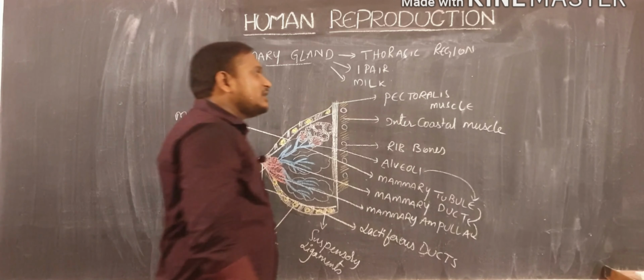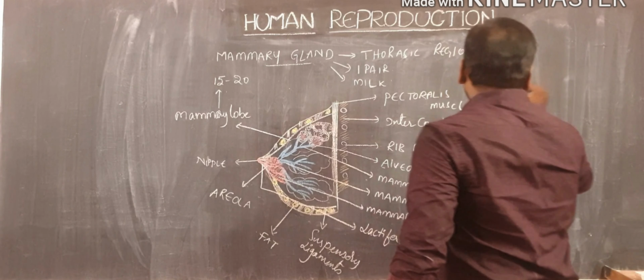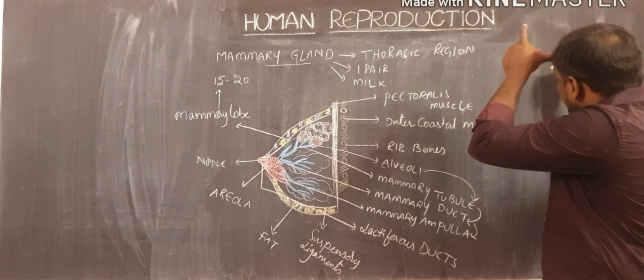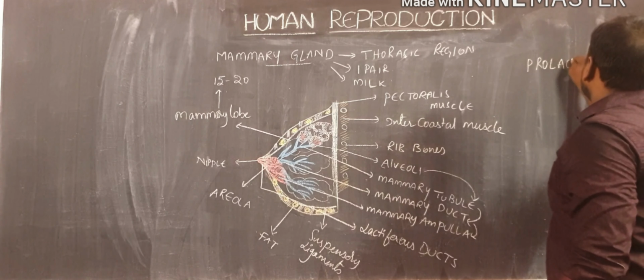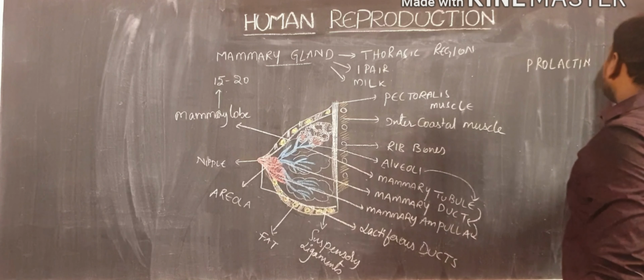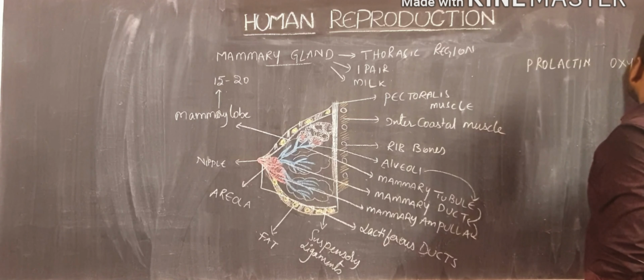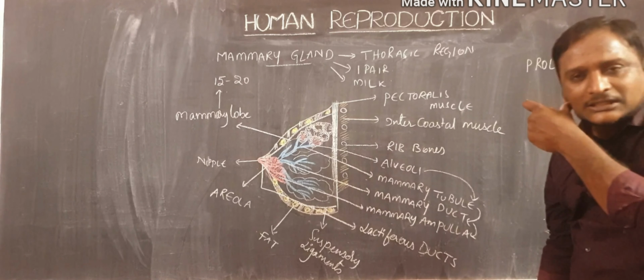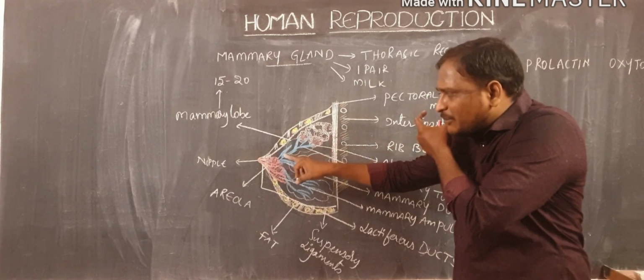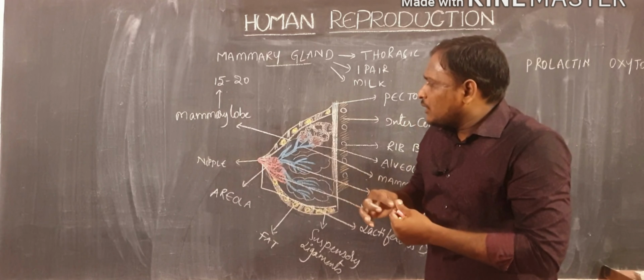There are two hormones present. One is prolactin and the second one is oxytocin.